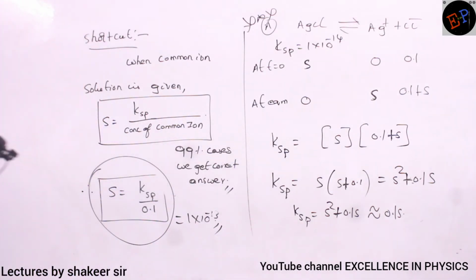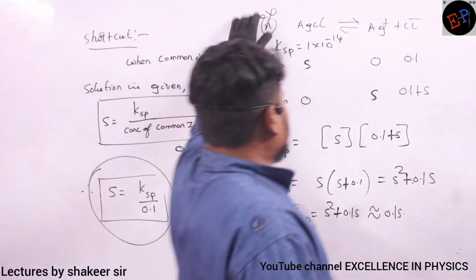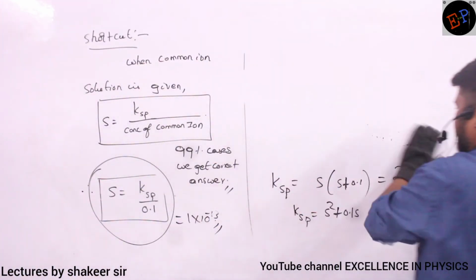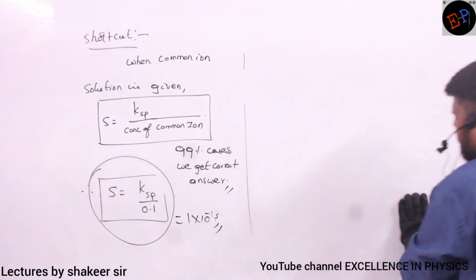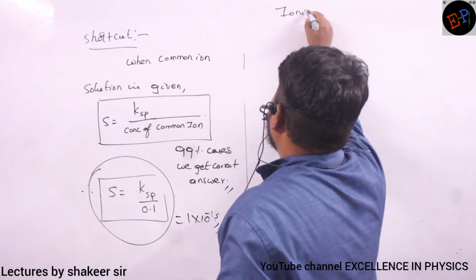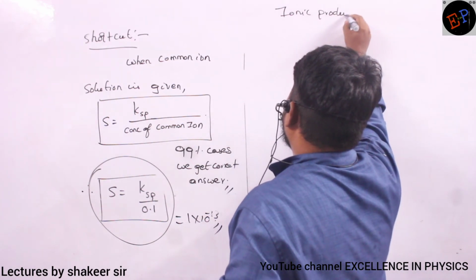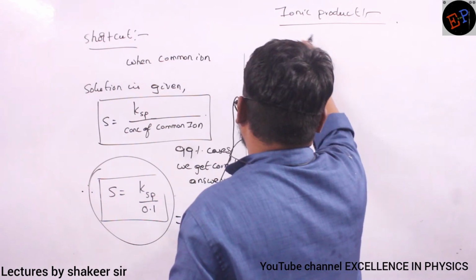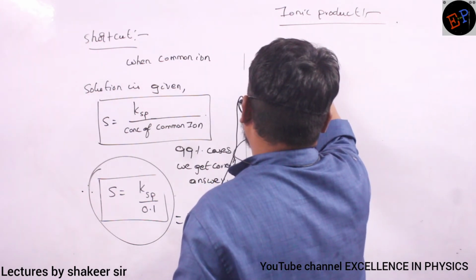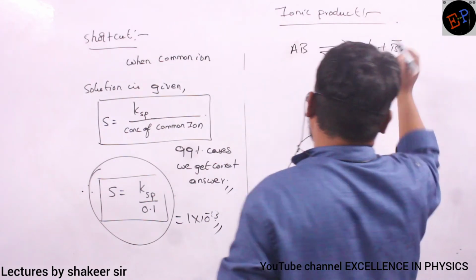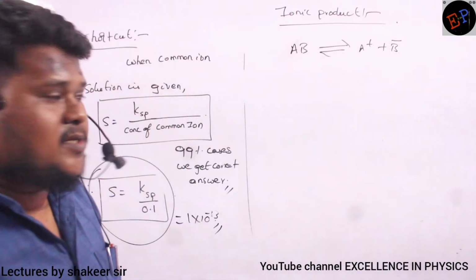That's it. So next, the last concept in this solubility: ionic product. What is meant by ionic product? Already we have discussed, no? So salt AB dissociates into A plus and B minus. Are you able to understand?